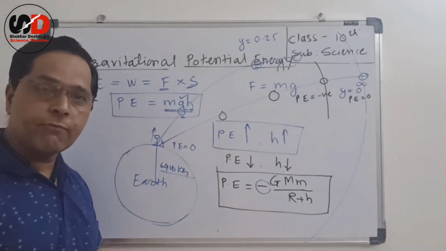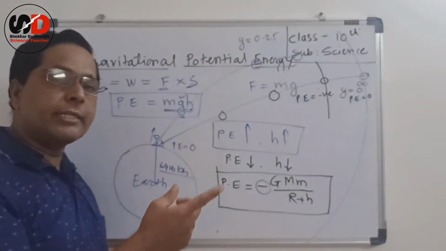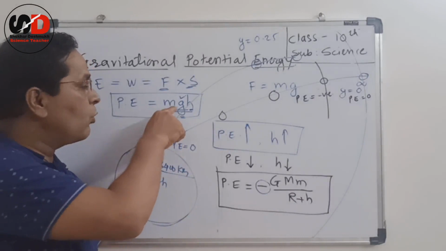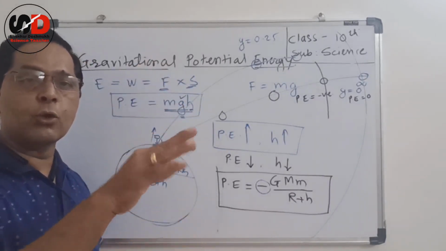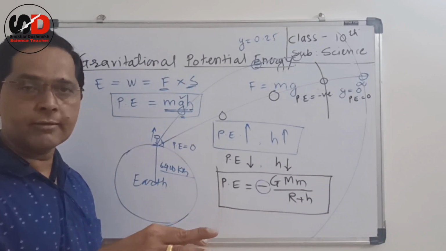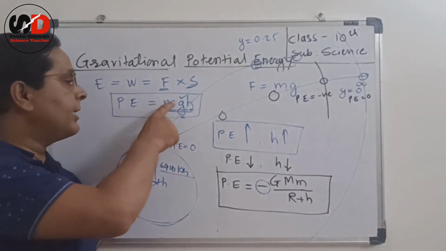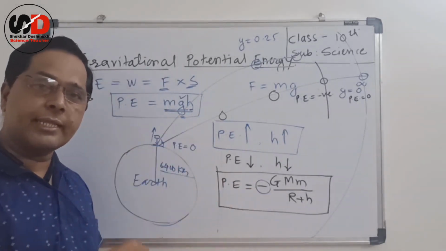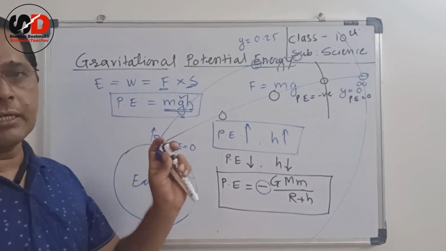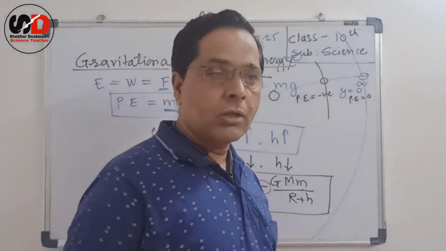But actually, for higher distances, the value of H increases, but at the same time the value of g goes on decreasing and it becomes 0 at infinite distance. And therefore at infinite distance the potential energy becomes 0. For any distance less than that, the potential energy must be negative. The reason can be asked in the exam.